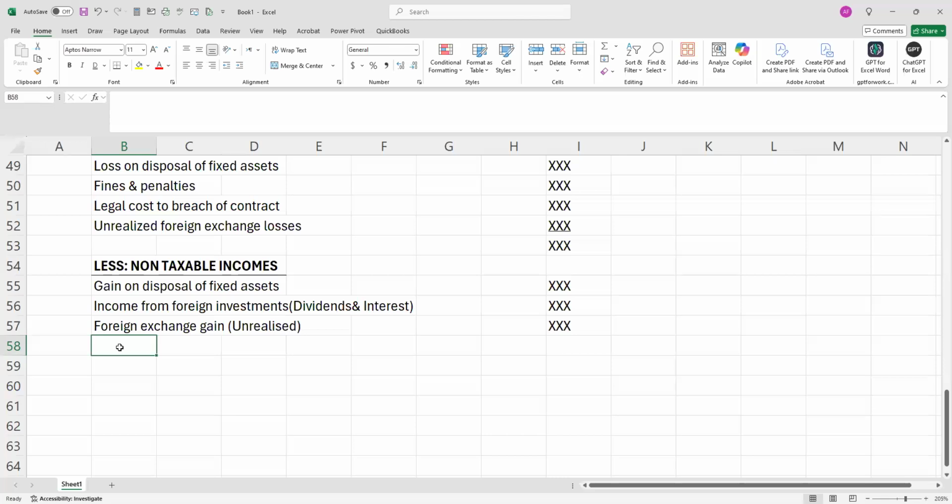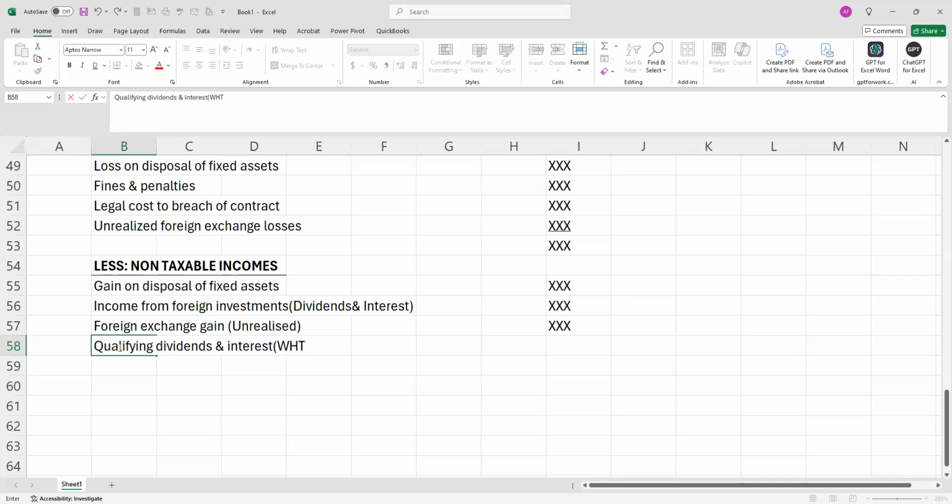You can consider, my good students, the aspect of qualifying dividends and interest. Remember, we mentioned that withholding tax is final in this case.